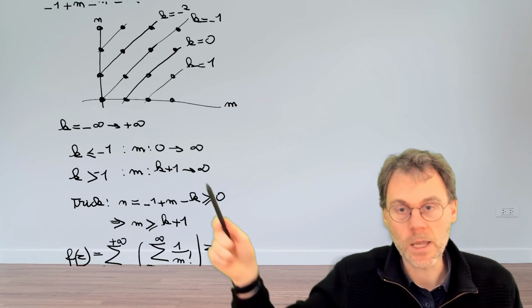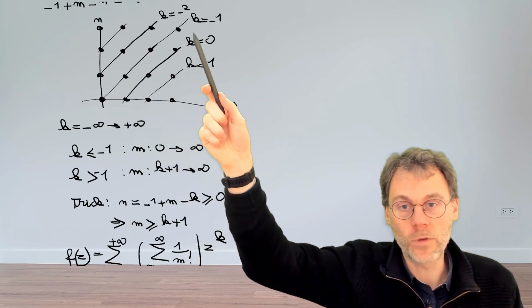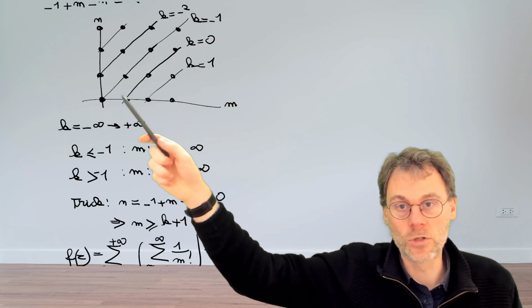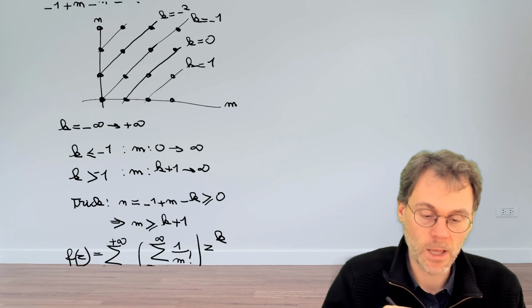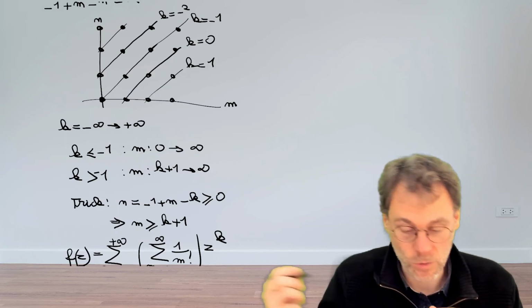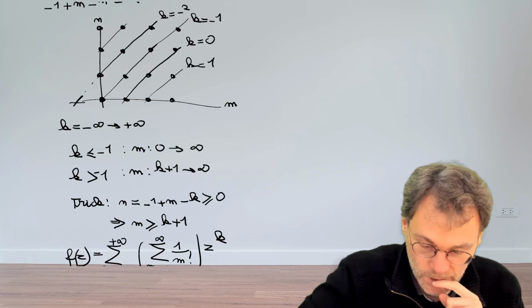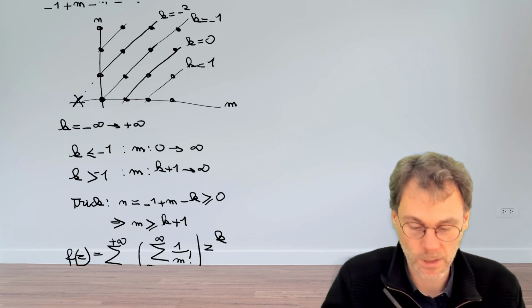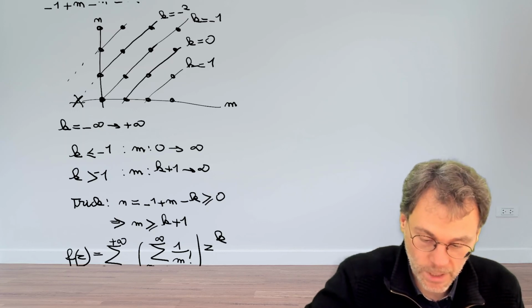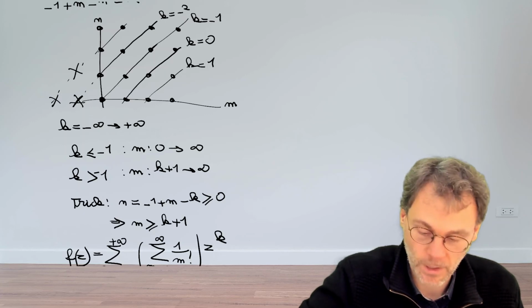So say we have k equal to -2 here. Then if we change our bound not to start at 0, but to start at k plus 1, then we should start at -2 plus 1, and we should basically also include that guy over here, starting at -1. And likewise, for that line over here, we should also include these terms.